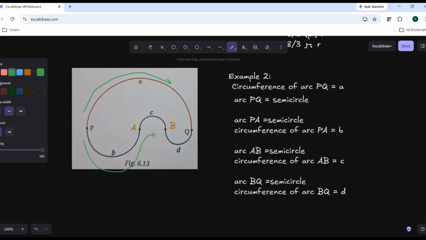So which way is longer? Is A greater than B plus C plus D? Or is A smaller than B plus C plus D? Or both paths are of equal distance, which means A is equal to B plus C plus D? This is what we need to find out.